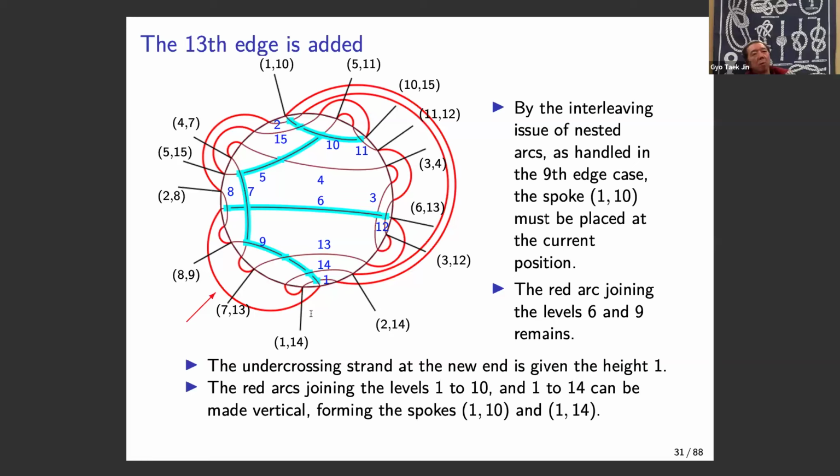So you cannot put a spoke anywhere in this situation. You are forced to add an extra height, which is one smaller than the smallest, or one bigger than the highest height among all these.